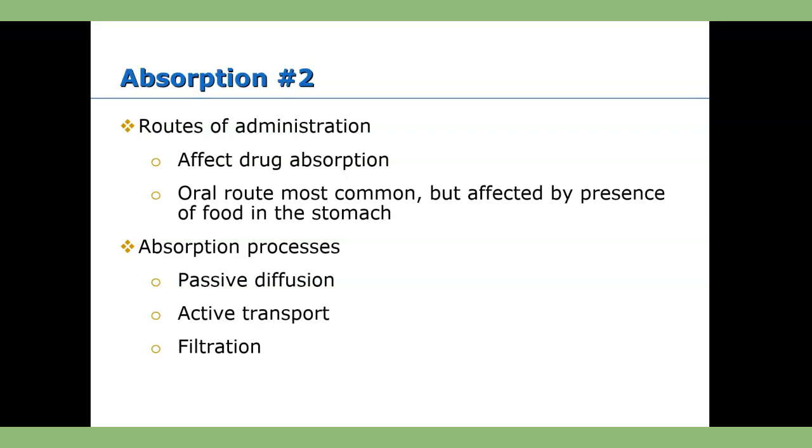That's going by mouth, and it has to go through the stomach, and many times food will affect how it's absorbed. Usually food will actually increase the enzymes in your stomach, so it will help the drug absorb quicker. There are some drugs though that actually slow it down, so you take those on an empty stomach. But most drugs need that acidity.